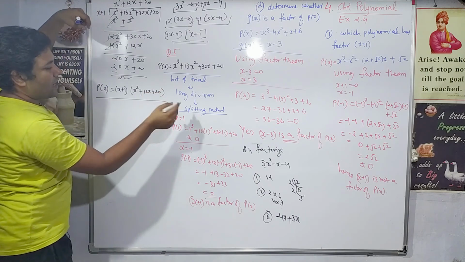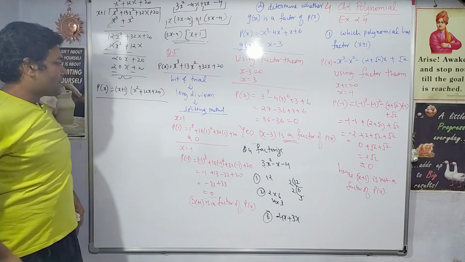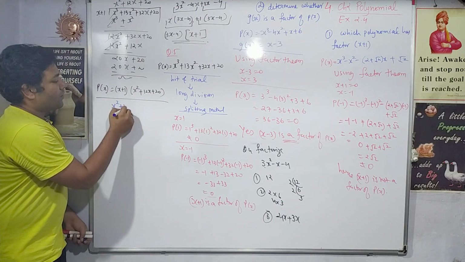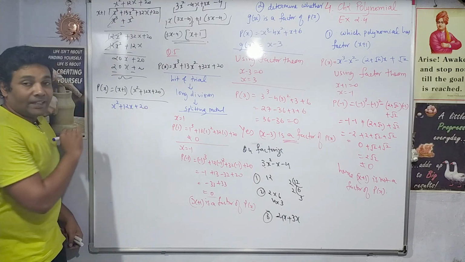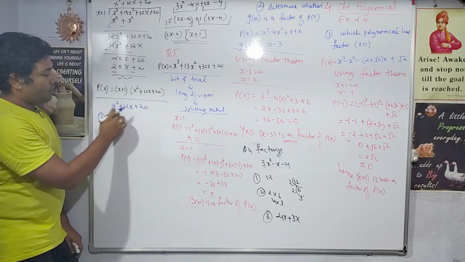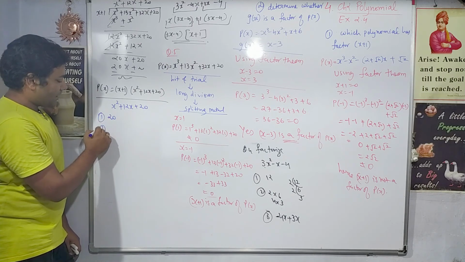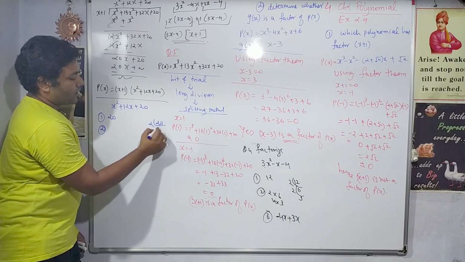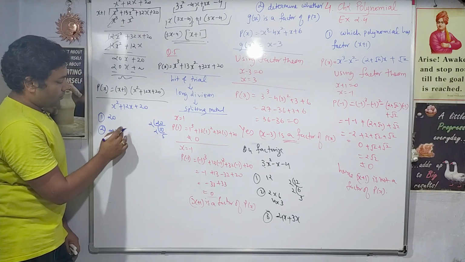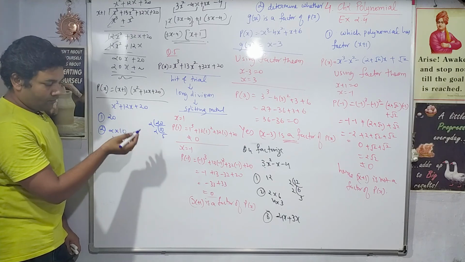Now we will use the splitting method. So let us start with the splitting method. For this part, x square plus 12x plus 20, we will use splitting method. First step, 1 into 20, a into c, so 20. Second step, factors of 20. So factors of 20 will be 2 into 10 or 4 into 5.